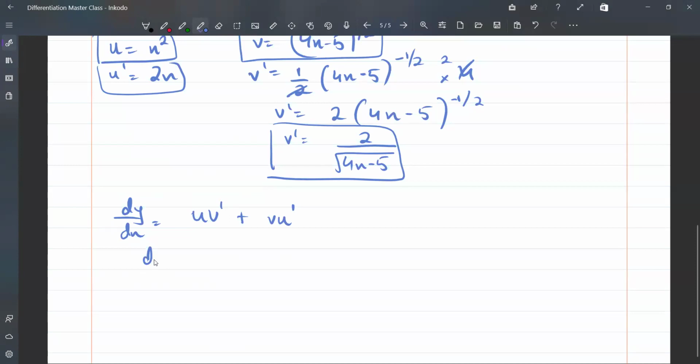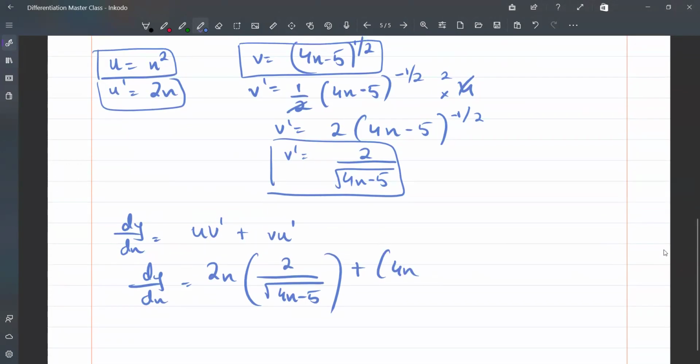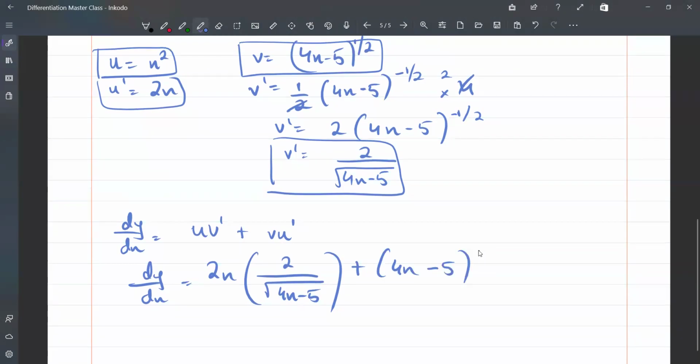So dy over dx is u, 2x, and v dash is 2 upon under root 4x minus 5, uv dash plus vu dash. V is (4x minus 5) power 1 upon 2 plus vu dash and 2x.